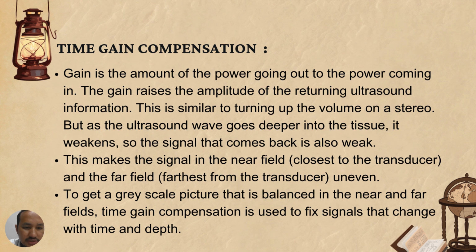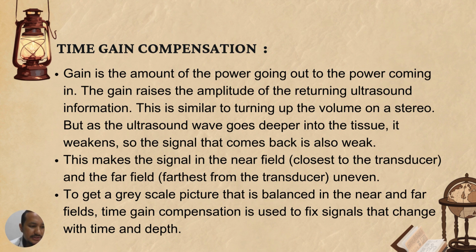This makes the signal in the near field, close to the transducer, and the far field, far from the transducer, balanced to get a grayscale picture. Time gain compensation is used to fix signal that changes with time and depth.